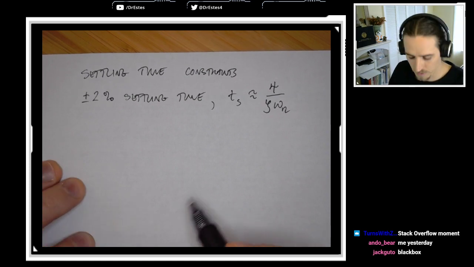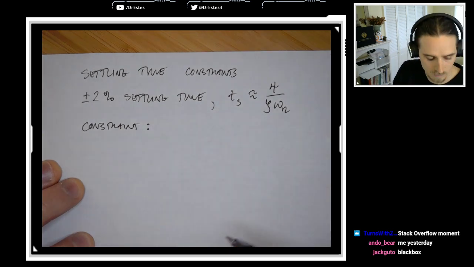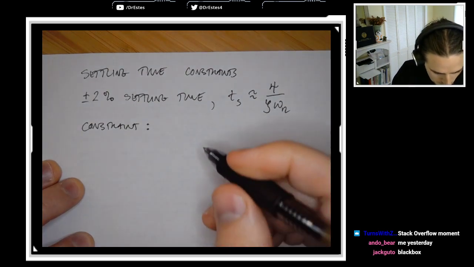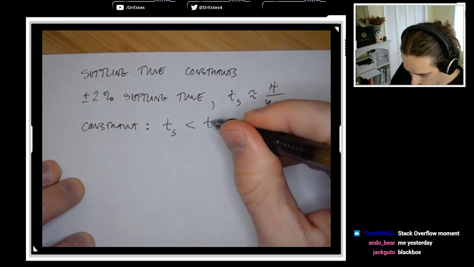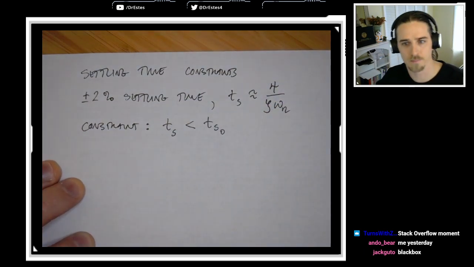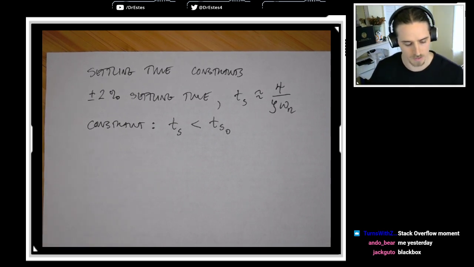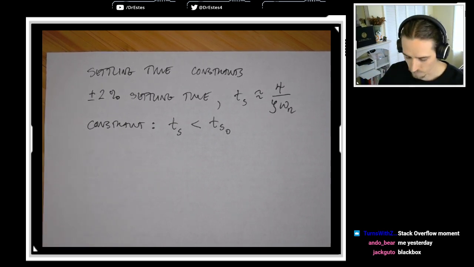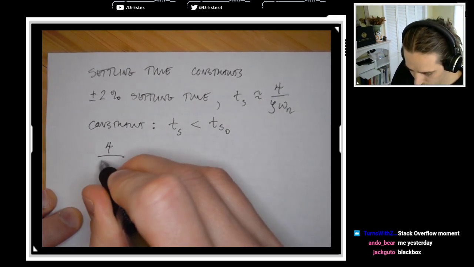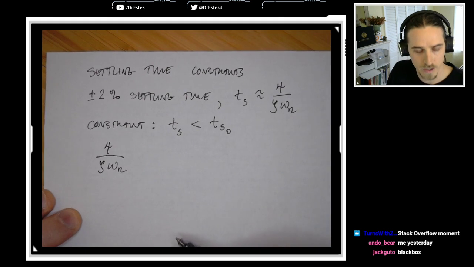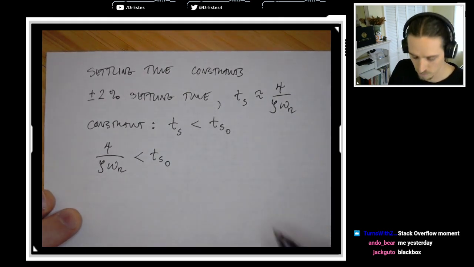So we might have a constraint that looks like this. We want the settling time to be less than some nominal value. Maybe it's 4 seconds, 5 seconds, whatever. So that means 4 over this is going to be less than that constant value.